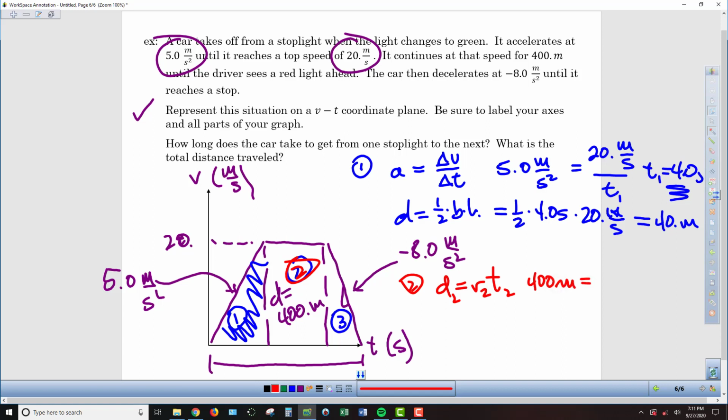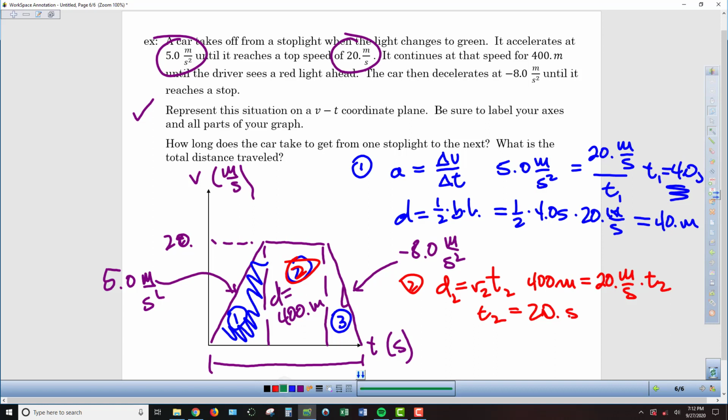We know that the rate at which we're traveling is that 20 meters per second. So the question becomes, what is the length of time at which we're traveling at that rate? So if we divide, we can find that t2 is equal to, again, to the appropriate sig figs, 20 seconds. And that's to the nearest whole number. And then we already know the distance.